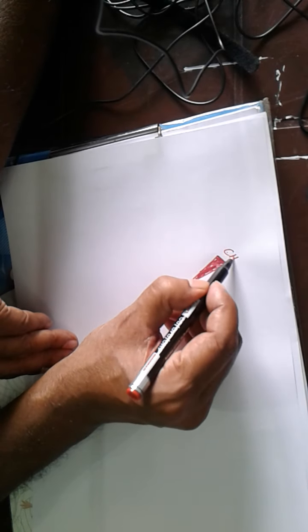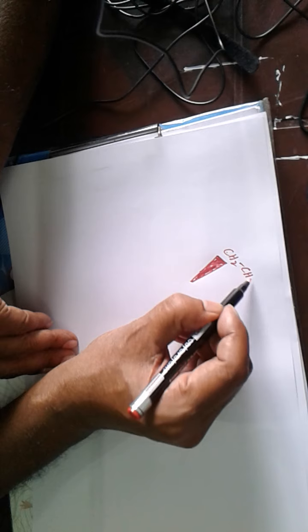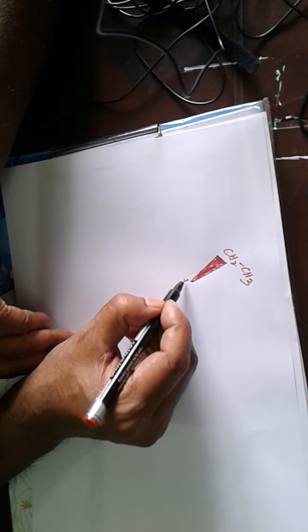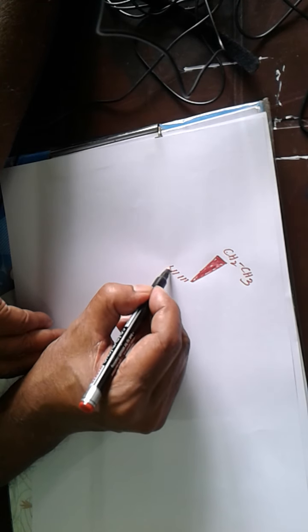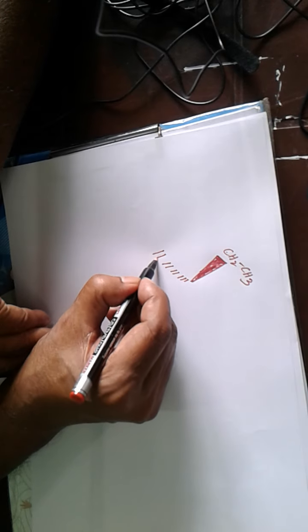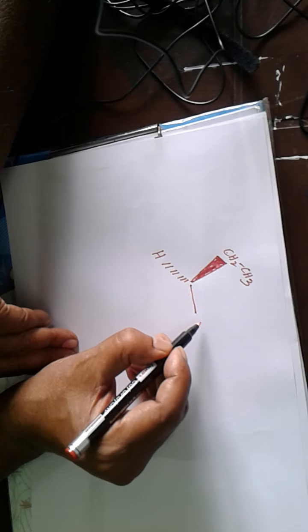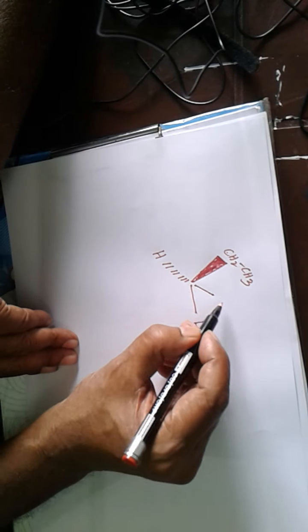Say CH2CH3, then two broken wedge, H here, then Br here, and CH3 here.